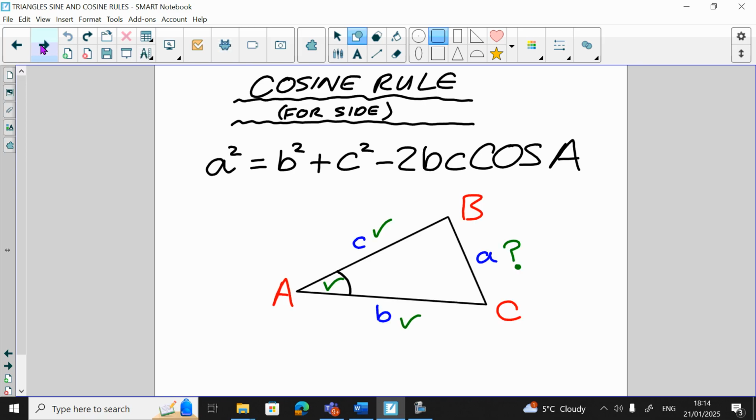So this is the same as the area in terms of information. We've got two sides and the angle between. Two sides, angle between. And you notice that B and C are there, and B and C are there. The two sides we know, and the side we're looking for is opposite the angle we have, actually.